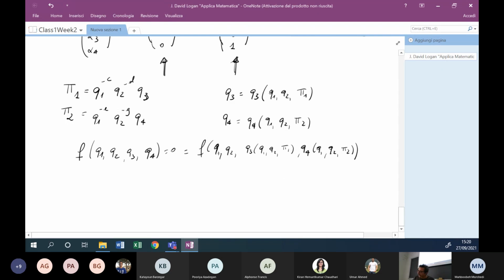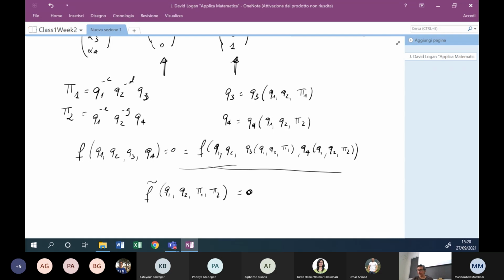So this basically means that I can find some other function f tilde, which is a function of Q1, Q2, pi 1, and pi 2, which is equivalent to this, but now expressed in terms of these new variables. Okay?